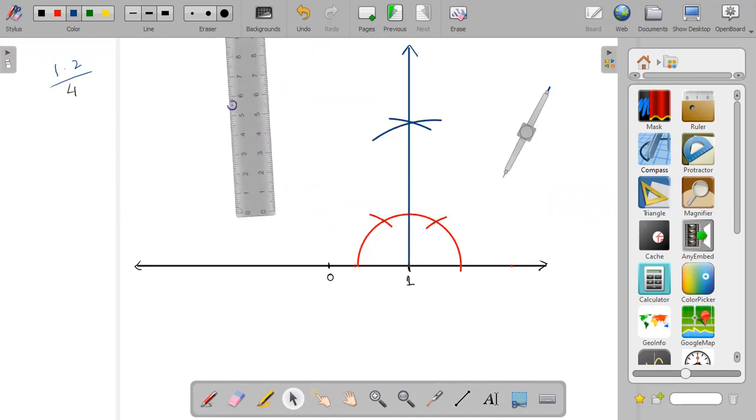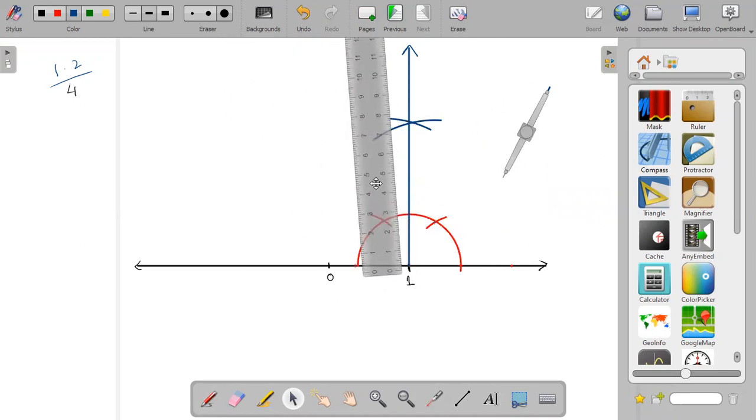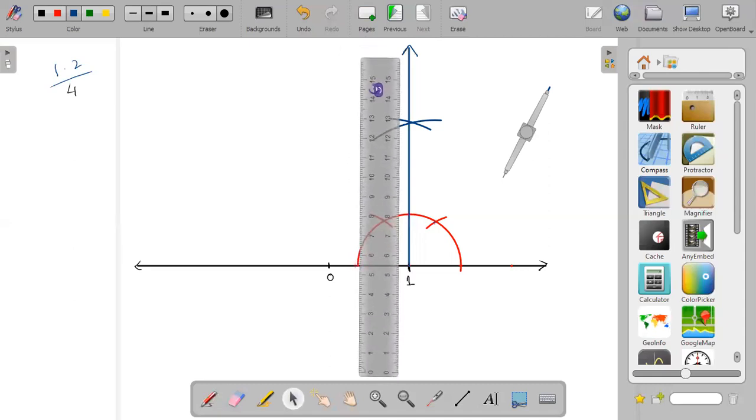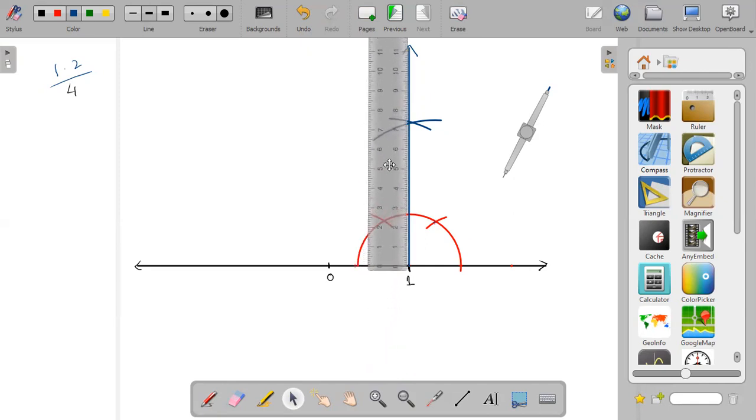Okay. So now we will take root 2 distance for root 2. So this is 1. Here also we will take 1.